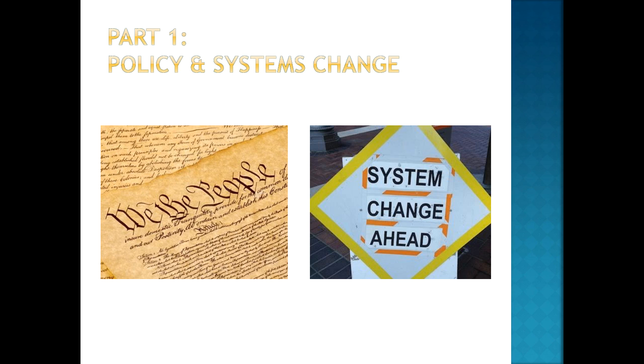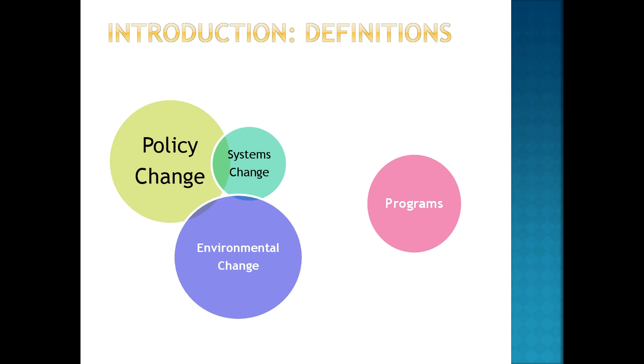All right, let's dive into policy and systems changes. The first thing we want to do is provide some definitions so that everyone is on the same page. Policy changes are interventions that impact law, ordinance, resolution, mandate, regulation, or rules, formal or informal.